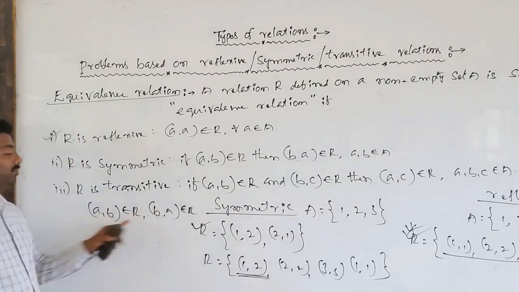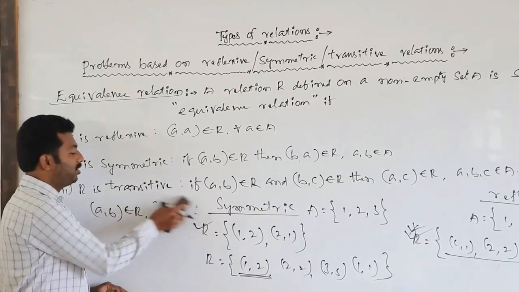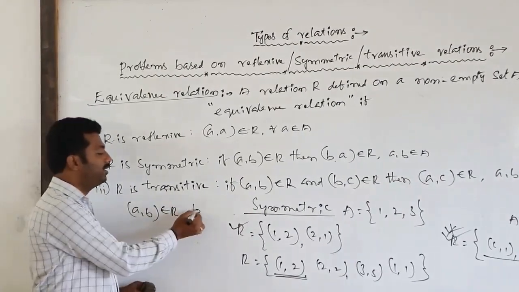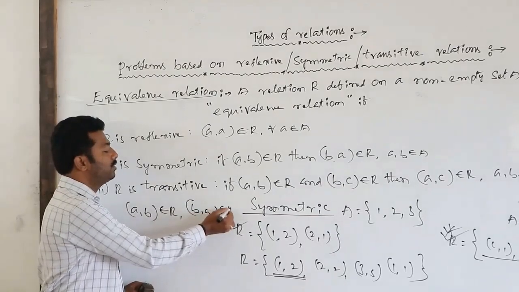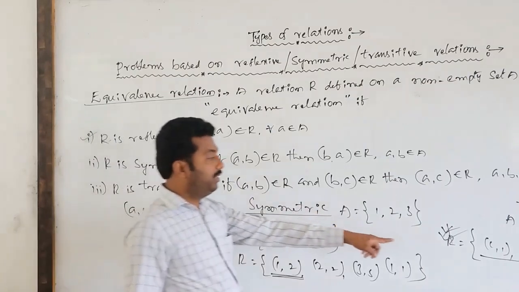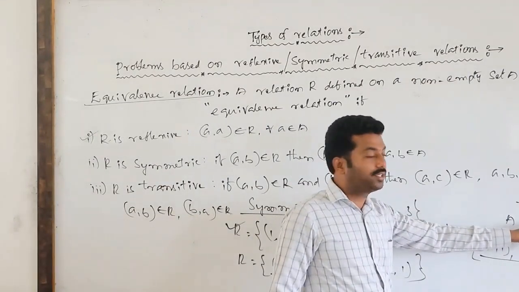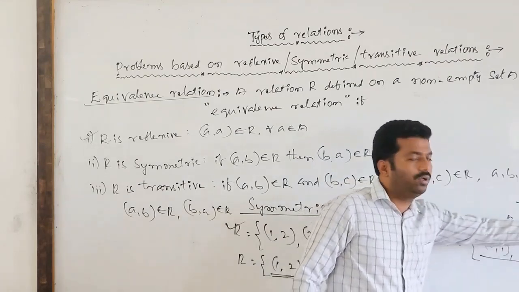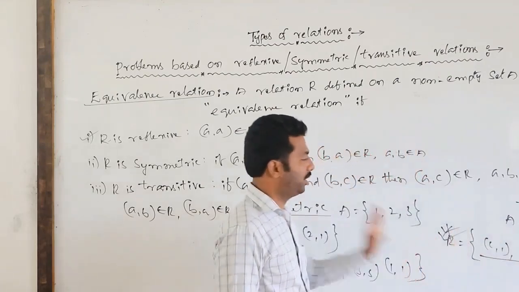Suppose (a, b) belongs to capital R and (b, a) is not there, that is not a symmetric relation. While you are checking reflexive, first we see the non-empty set and check whether (1, 1) is there, (2, 2) is there, (3, 3) is there, (4, 4) is there or not.